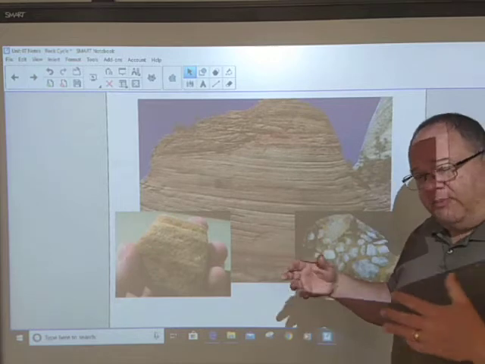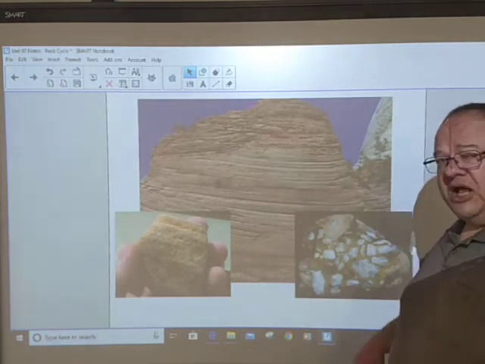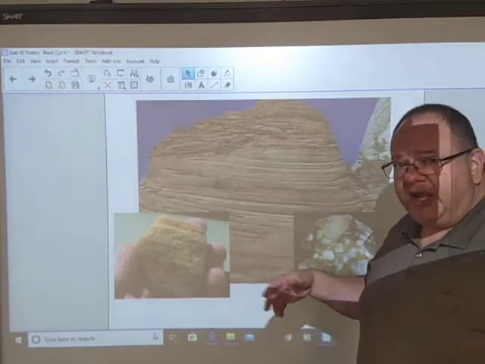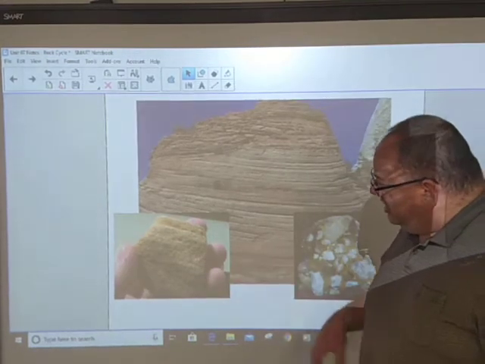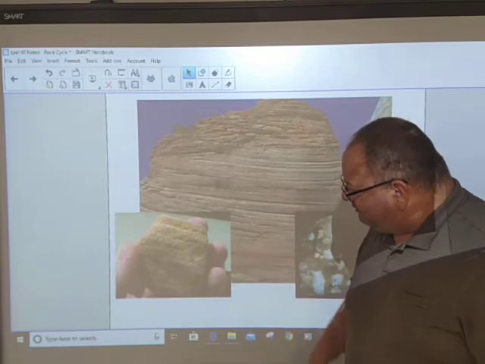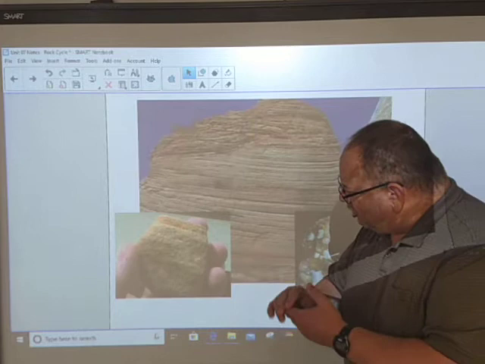The liquid evaporates, and the stuff is glued together and turned into solid rock. Now, solid rock doesn't mean you can't break it. We can break rocks. So here's a little piece of sedimentary rock, and within this piece you can still see the bandings, and I think you can see in the picture that there's some coarse grain.